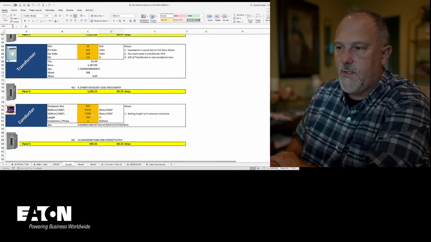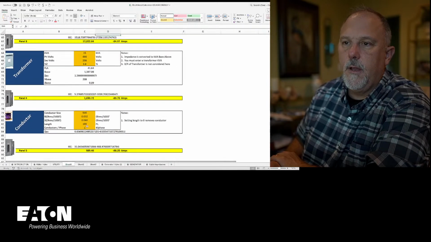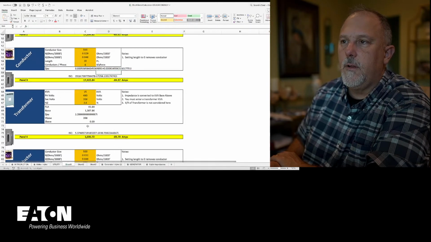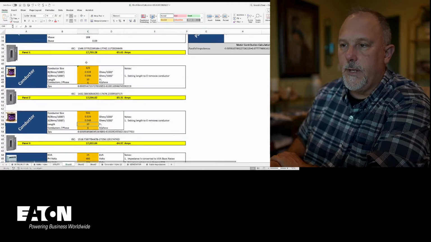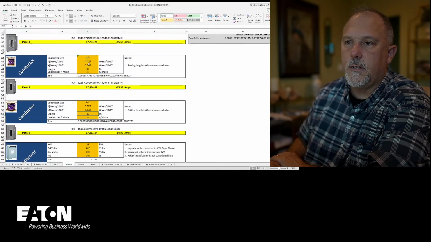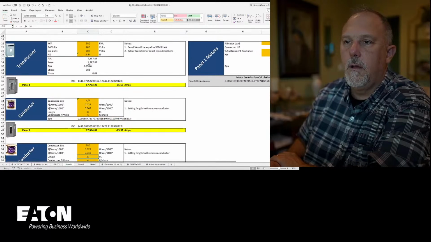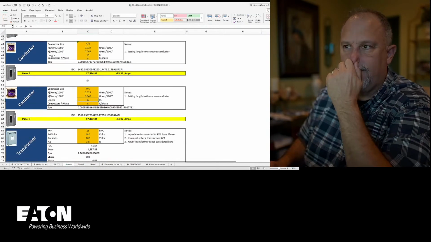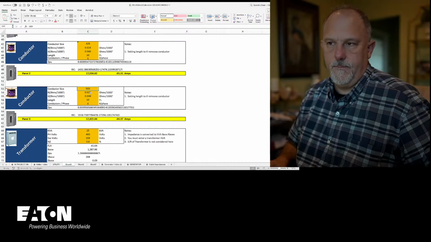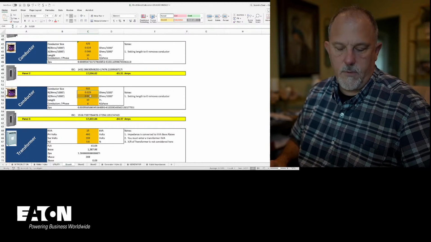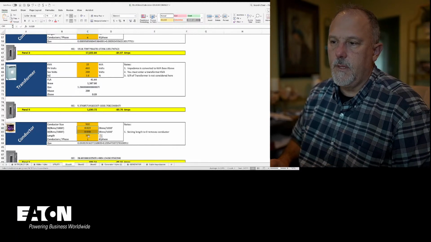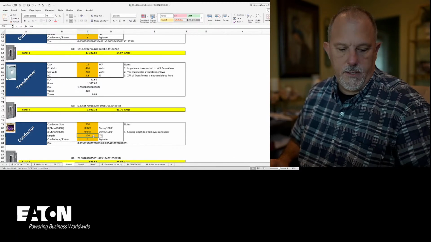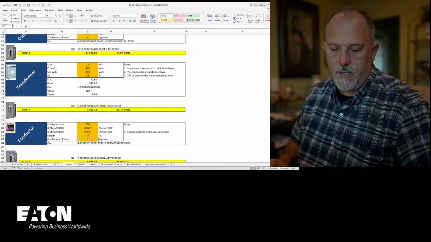I got my transformer. Oh, wait. I overwrote. No, I didn't. Okay, there it is. So there's my conductor. Control C, Control V. 10 feet. 6.